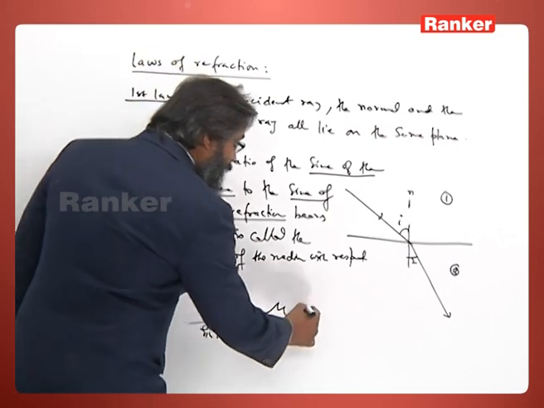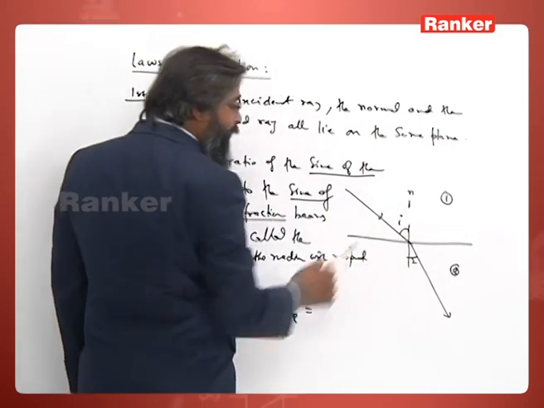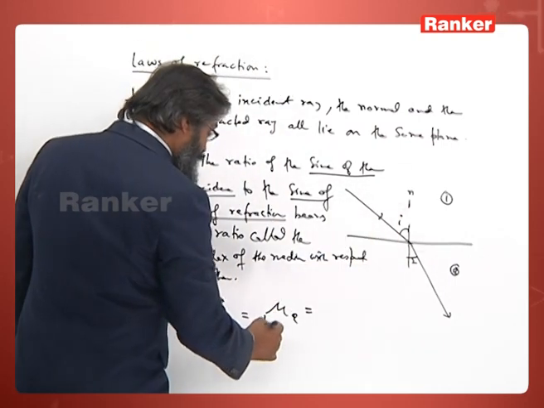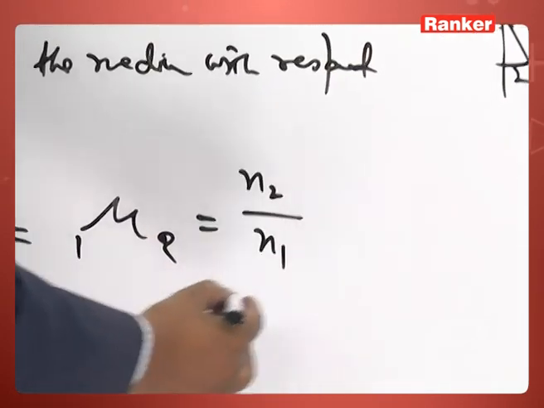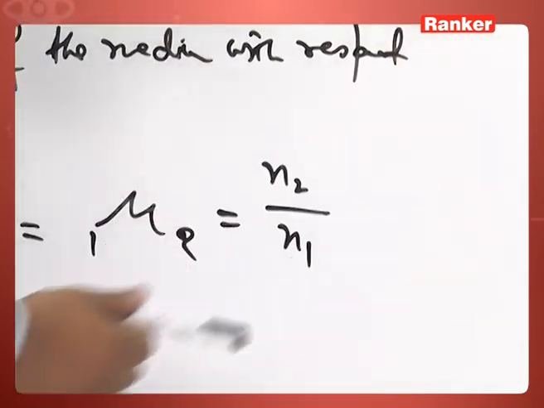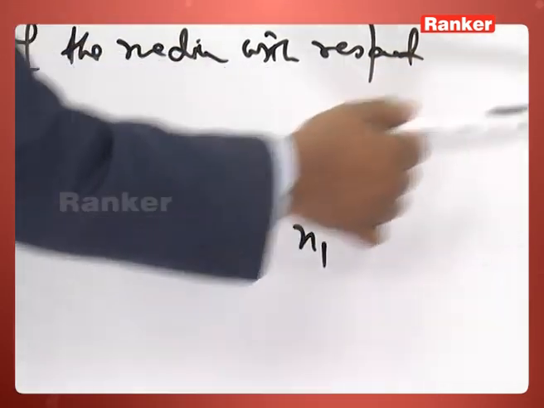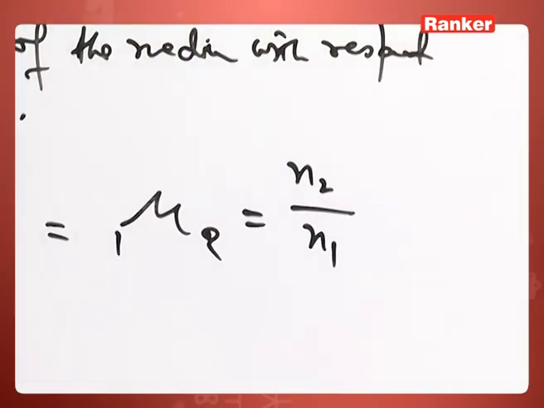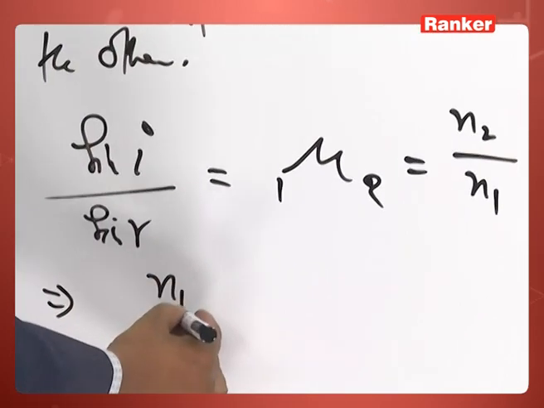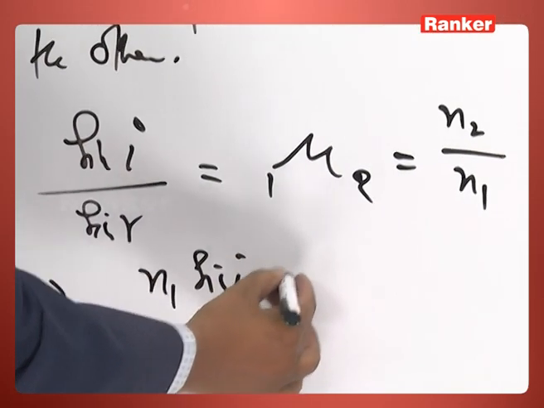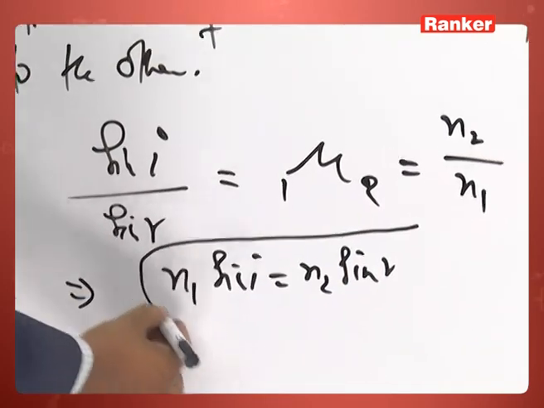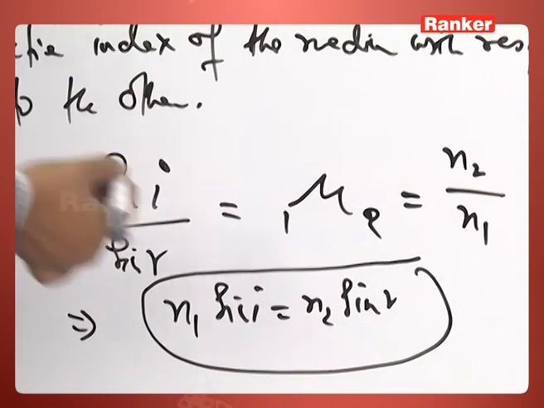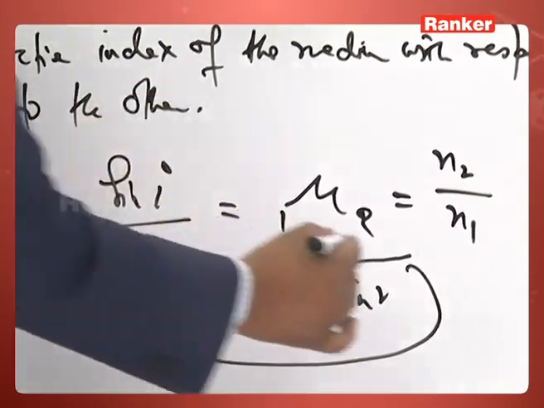If we write this in terms of the absolute refractive indices, then it will be N2 by N1, where N2 is the refractive index of medium 2 and N1 is the refractive index of medium 1. So we can further write that N1 sin I is N2 sin R. This mathematical law is called Snell's law.